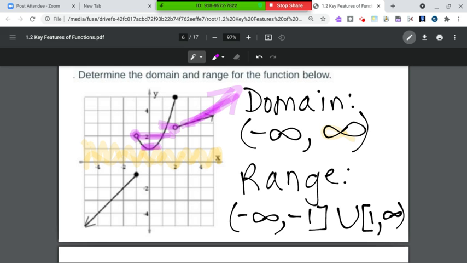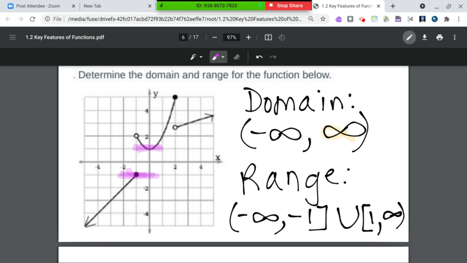Does that make sense for range? Are you good with that? Yeah. Okay. You sure you're okay? Yeah. When do you know that you have to use the union? Good. So union is when you're joining two sets together. So basically, whenever there's a gap in the graph. So notice here, we used it because there was that gap from that -1 up to 1.